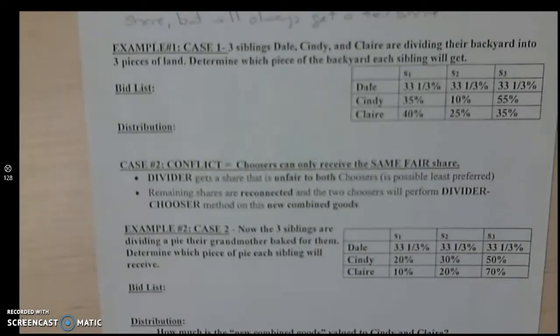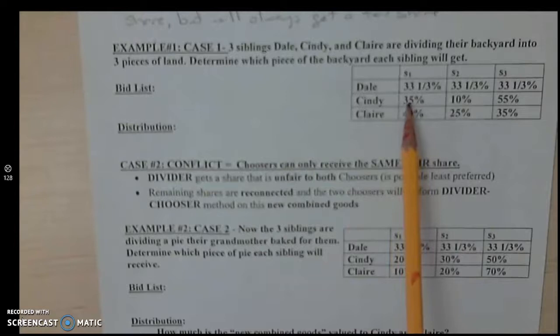And Cindy and Claire, once he divided, they came in and said, okay. Cindy said the first piece of land is like a 35. The second piece of land she said was only a 10%. But the third piece of land, she gave 55%.